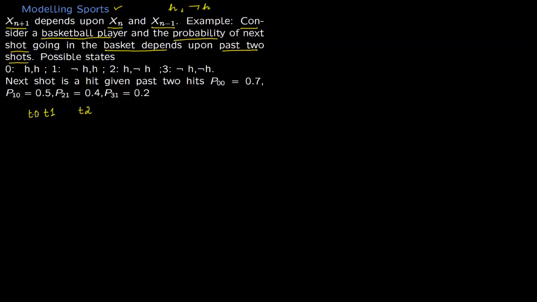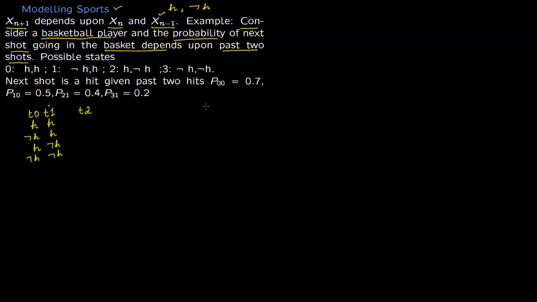So the xn minus 1 stage is T0 and the xn stage is T1. State 0 is a hit in both the past two shots. State 1 is a miss at T0 and a hit at T1. State 2 is a hit at T0 and a miss at T1. And state 3 is both the past two shots were missed.